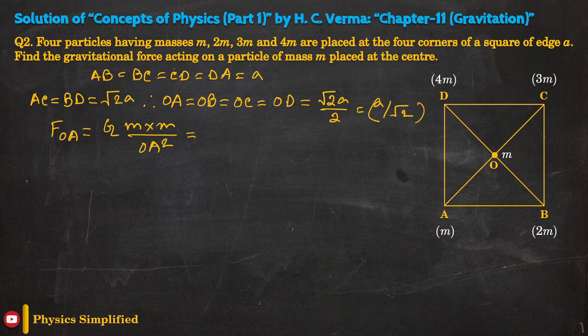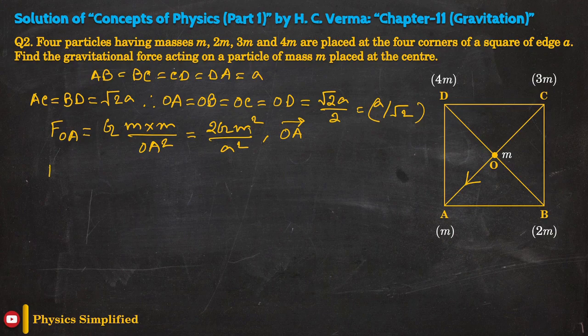So if we substitute the value of OA, which is small a by root 2, we will get F_OA is equal to 2Gm square divided by small a square. Since gravitational force is attractive in nature, the direction of the force will be from O to A.